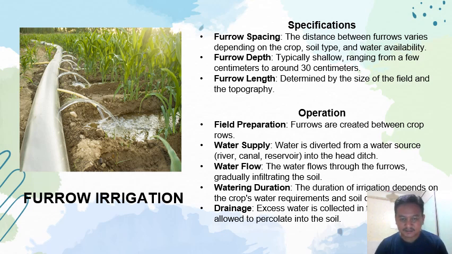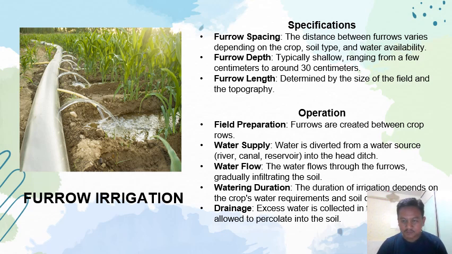Operation. Field preparation. Furrows are created between crop rows. Water supply. Water is diverted from a water source, for example, river, canal, or reservoir, into the head ditch. Water flow.